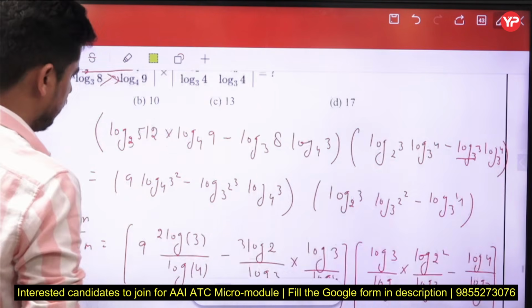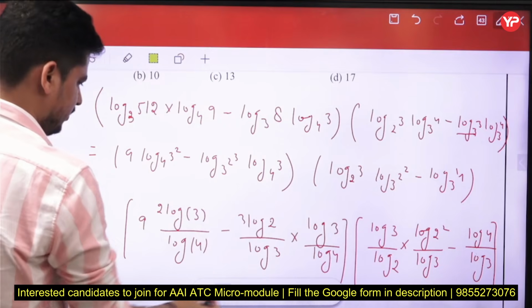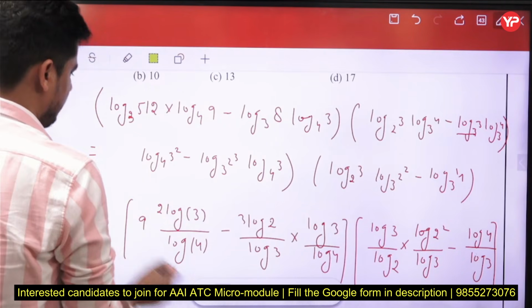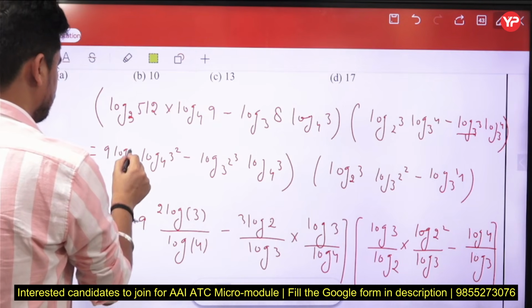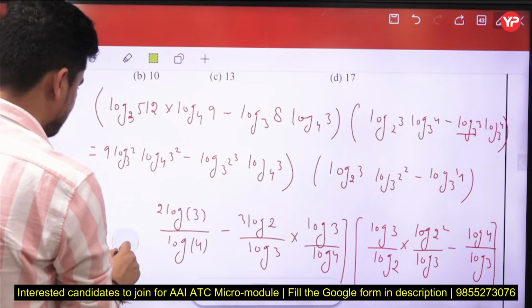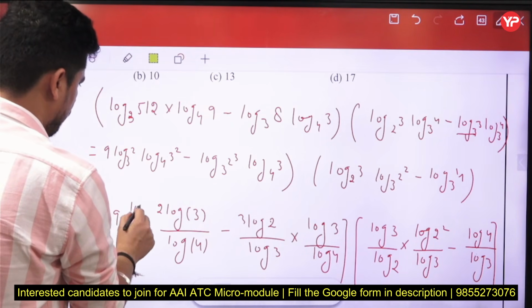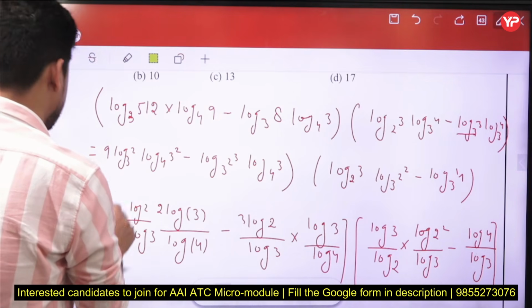Yeah, log of 3. So we can write it, 9 is outside this time. 9 is outside, 2 raised to power 9, and log of 3 base 2. So there was one term missing, that's why it was not cancelling. That will be 9 outside and log of 2 divided by log of 3. Yeah, that's correct.